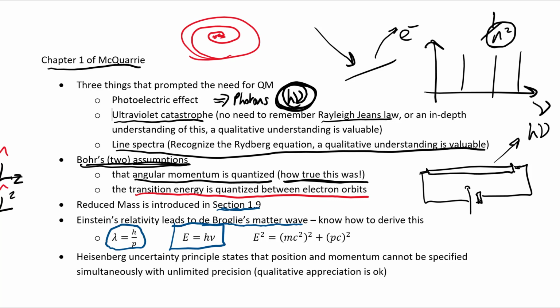Planck's idea of quantization of a photon, for example, E is equal to h nu, where nu is the frequency. And we also bring in Einstein's theory of relativity, E squared equals (mc squared) squared plus (pc) squared. So we have to think about the momentum of a photon as being equal to p times c. So E is equal to pc, when we take the square root across this equation.